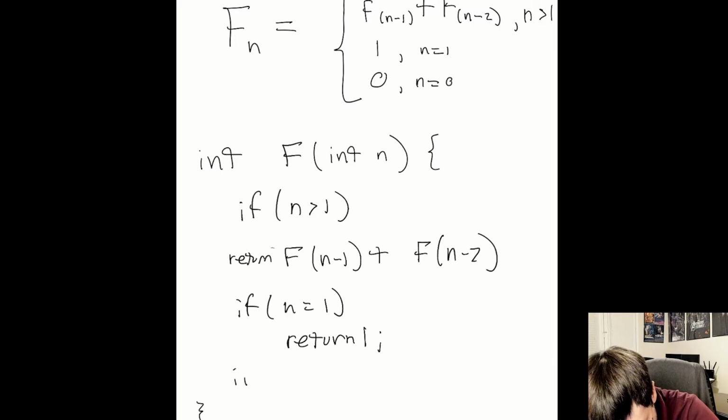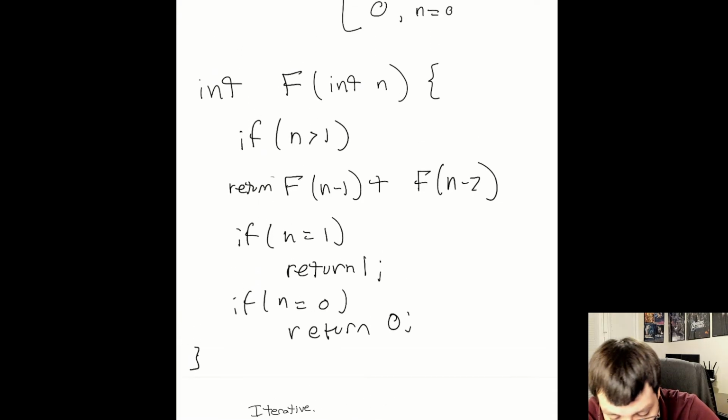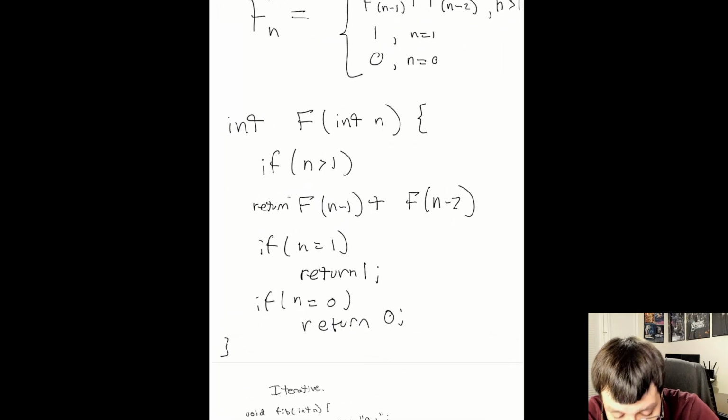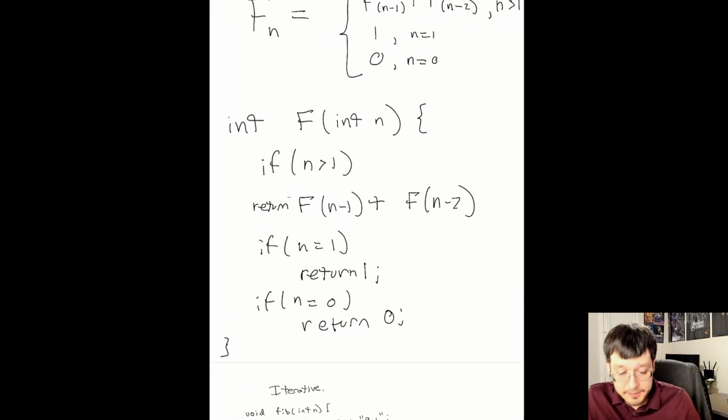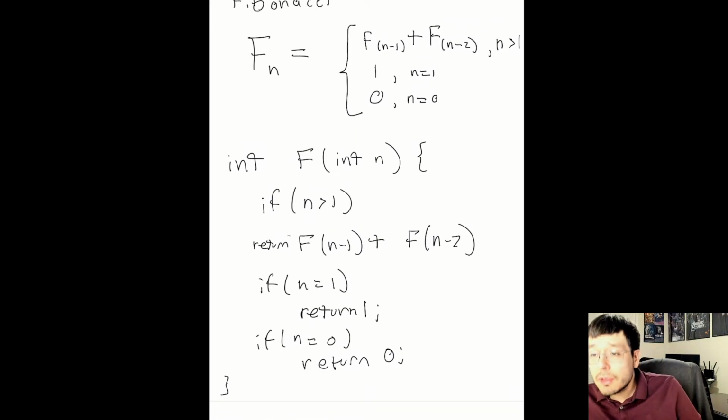And then if n is equal to 0, return 0. Okay, I'm done. Easy peasy, lemon squeezy kind of thing. Look at that. It literally looks just like the math representation. It's ridiculously close.